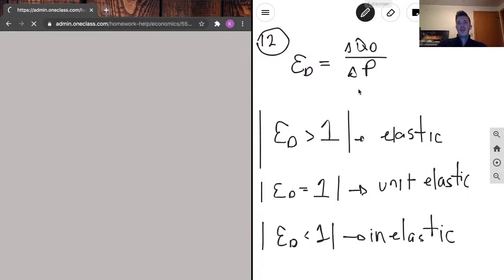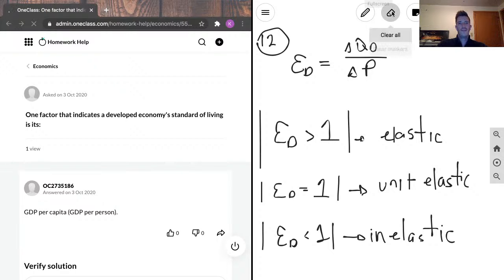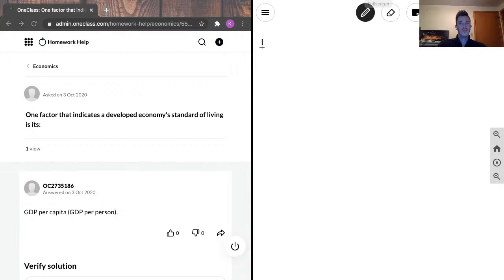One last question here, I think. One factor that indicates a developed economy's standard of living is its GDP per capita, or GDP per person. So I went like 3 years in economics thinking per capita was some reference to the size of land or something.